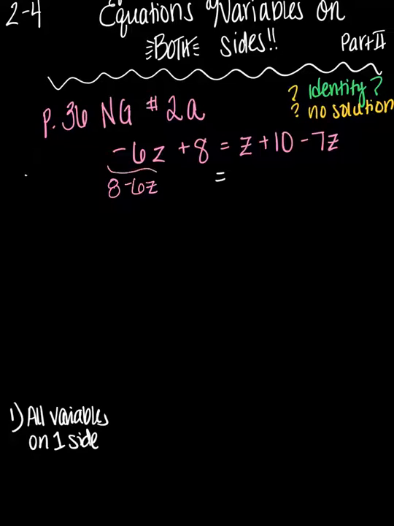That is the same thing as negative 6z plus 8. All I'm doing is swapping my terms. 8 minus 6z, because now I see that I'm subtracting, so the opposite of that is addition. So I'm going to add 6z. It's the exact same thing I had before, just with the terms rearranged. And then what I do to one side, I've got to do to the other.